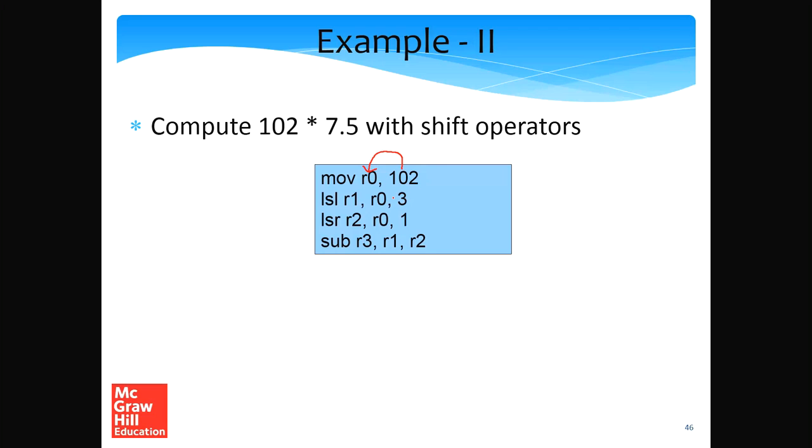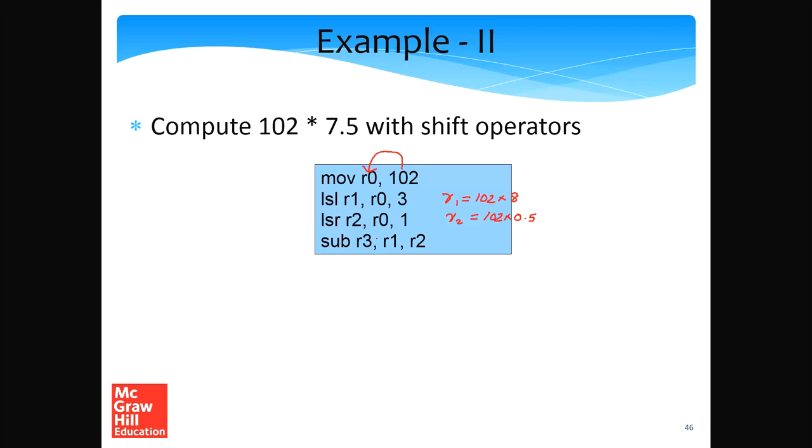Then we shift it to the left by 3 positions, which means R1 is equal to 102 multiplied by 2 to the power 3, which is 8. And then we shift it to the right, right? So since 102 is positive, logical and arithmetic shift right are the same. So we shift it to the right by one position, which means multiply 102 with 0.5.